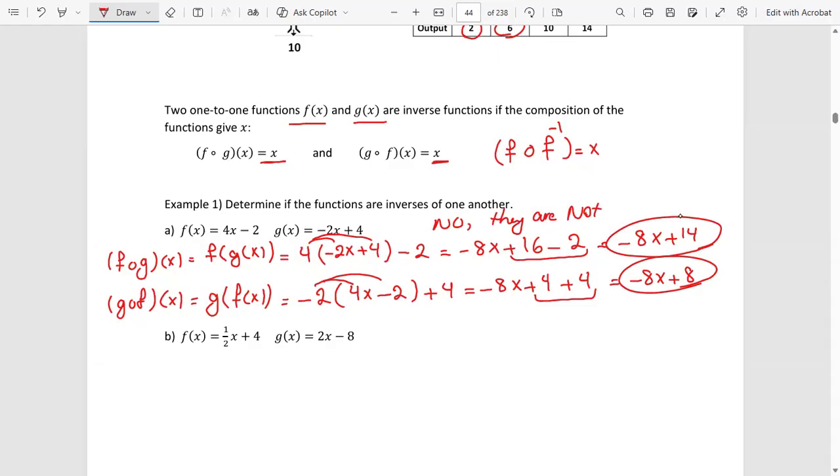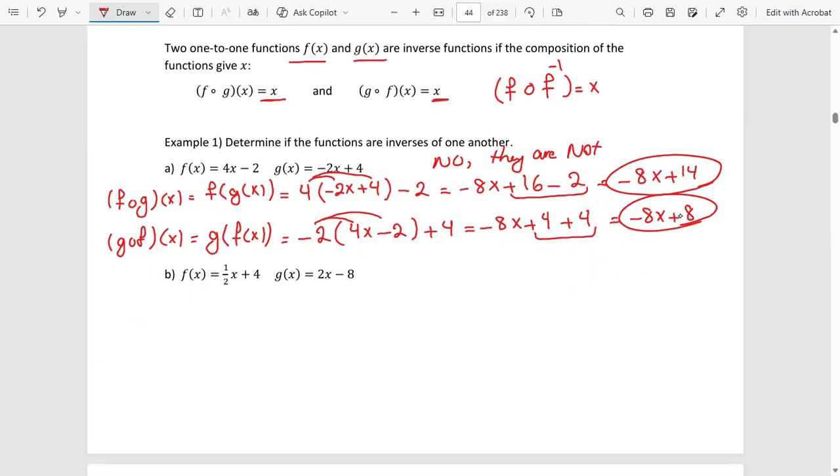Let's check part B. We want to see if f and g are inverses of each other, which means f∘g and g∘f both must be equal to x. f∘g of x means f of g of x. That means start with function f and replace the x by g.